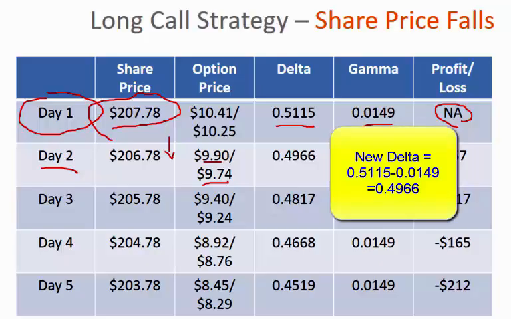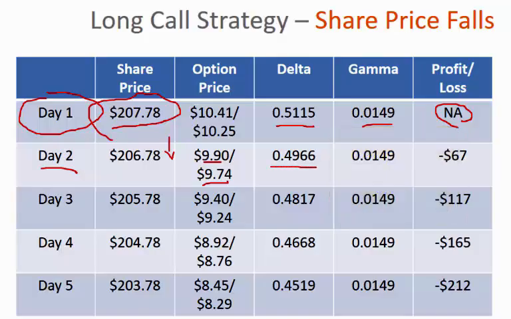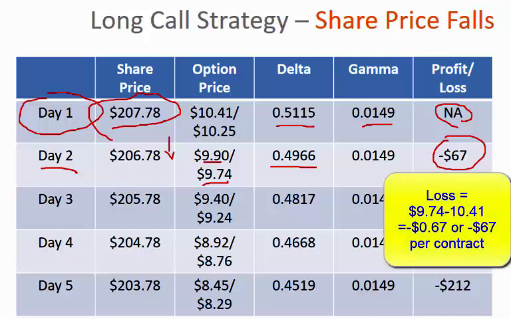So our new delta will be the previous delta minus the gamma rate for the previous day. 0.5115 minus 0.0149 will give us 0.4966. So that will be our new delta from there on. And we're in an overall loss situation of $67 per contract because we bought the call option at 1041, and now if we were to sell it we would only get 974. So that's a loss of $67 per contract.